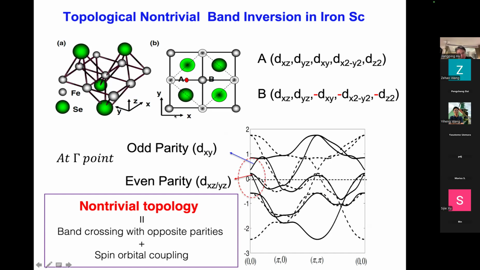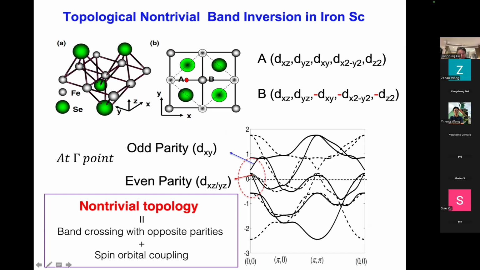Here we show three bands, one above the Fermi surface and two below, the upper ones being dxy. If you look at the parity, the top one is parity odd and the lower ones are parity even.